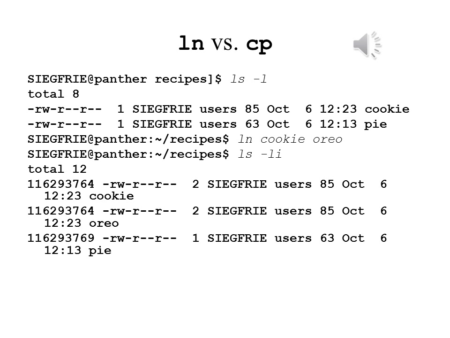If you look on the slide, we can see an illustration of exactly how copy and link are different. I start out here with two files, cookie and pie, and I'll create another link to cookie by writing ln cookie Oreo. When I type ls -li, I get a long listing including the inode number, and I can see that cookie and Oreo are the same file by the fact that they have the same inode number.